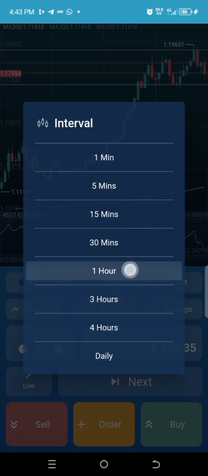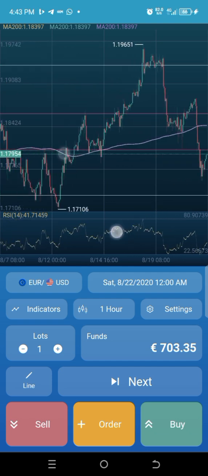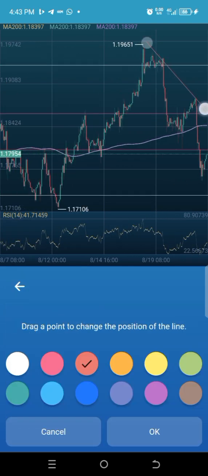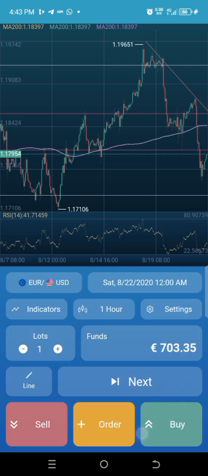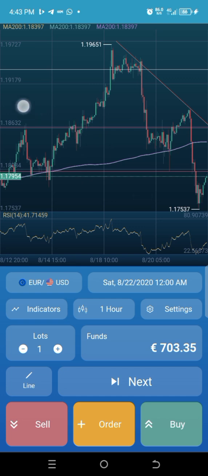One hour. Counter trend line. Perfect. It's not a perfect trend line, but as long as it's within 2 points.